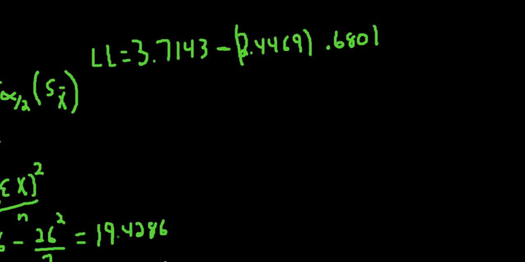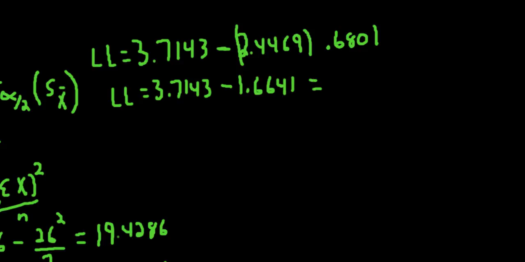So the product of those two, if we multiply them together, gives us 1.6641. So our lower limit of our 95% confidence interval is going to be 3.7143 minus 1.6641, which will give us a value of approximately 2.05.